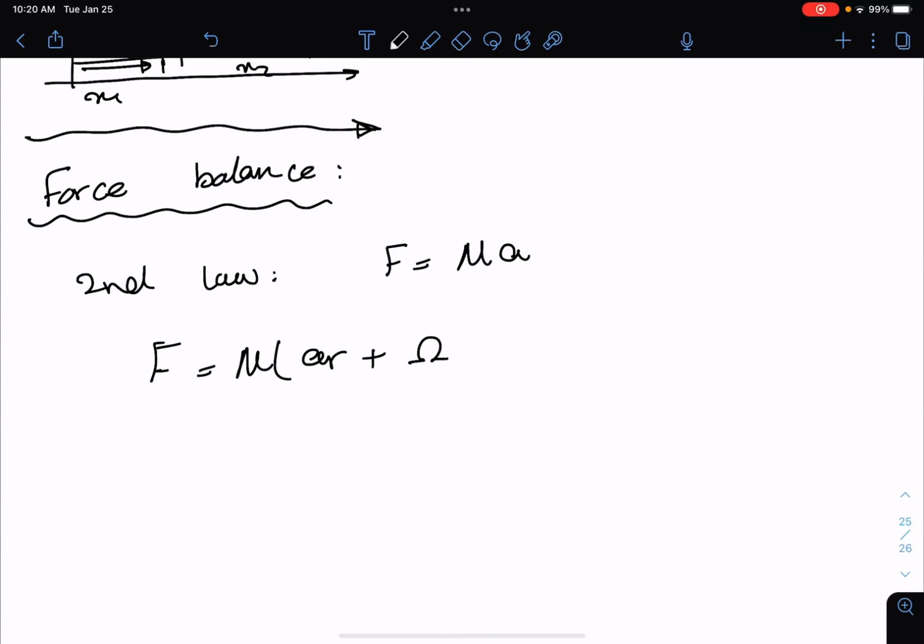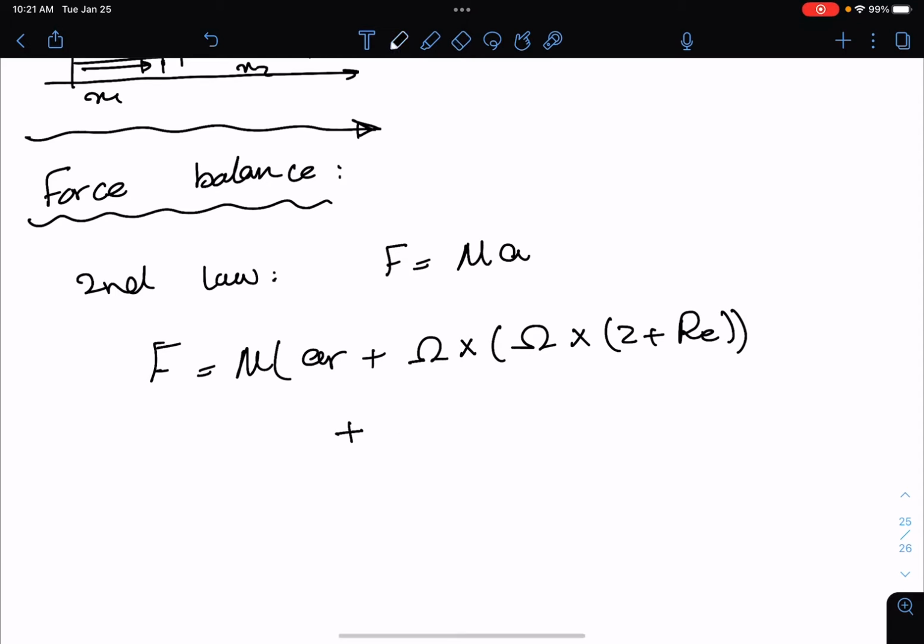You have omega, omega dot. Omega cross omega cross r, right? Where r here is your altitude plus Earth radius, or let's call it z. Plus omega dot cross r.